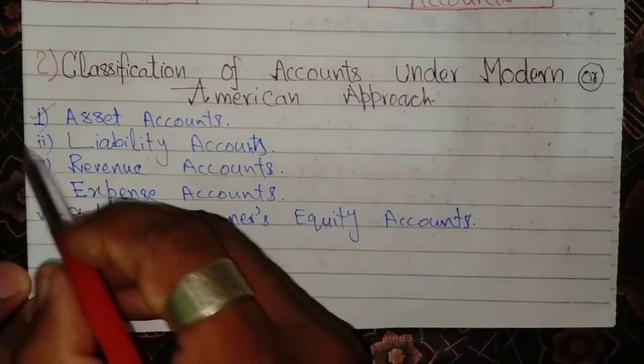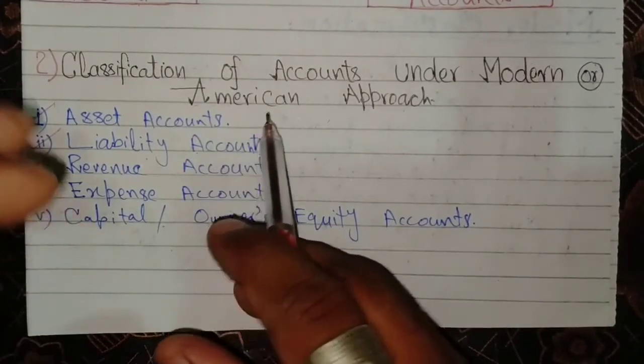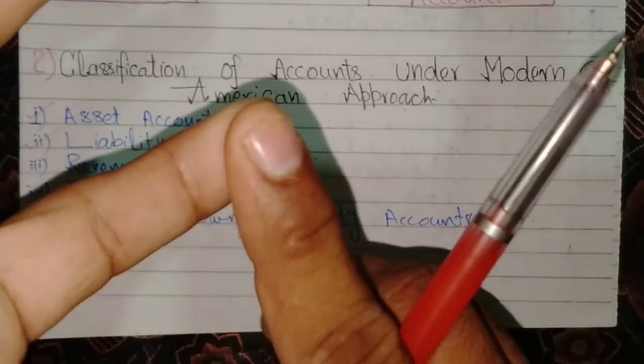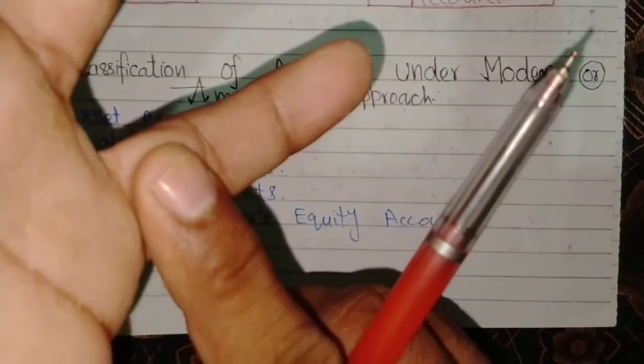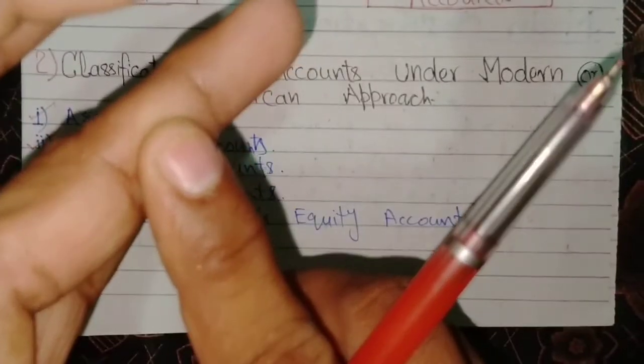Now the second is liability accounts. Examples of liability accounts are loan account, accounts payable account, wages payable account, salaries payable account, rent payable, etc.